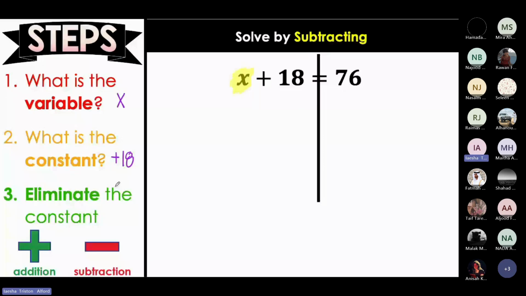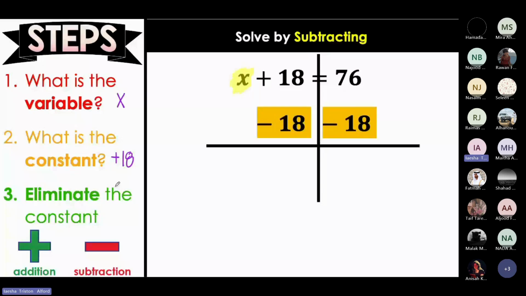How do we make the constant 0? We want 0. Subtract 18 on both sides. Now here, positive 18, subtract 18 makes 0.